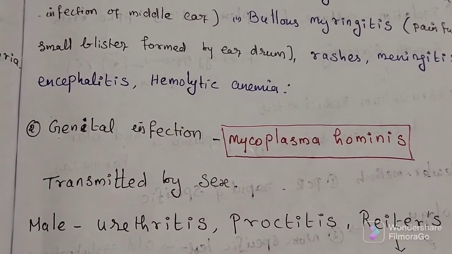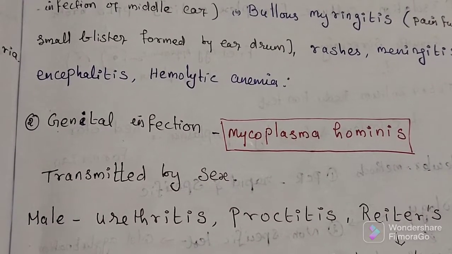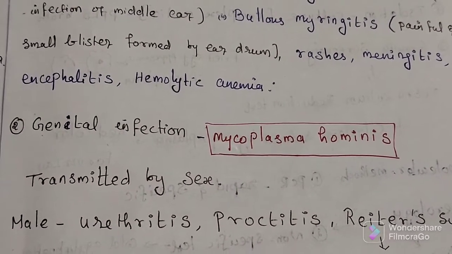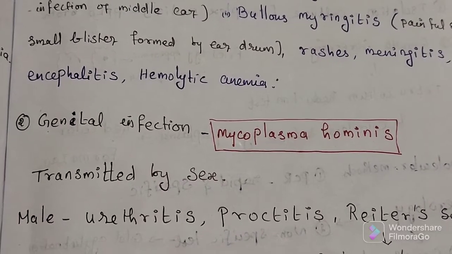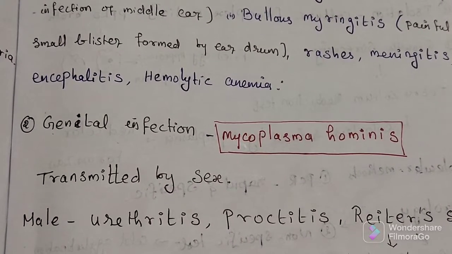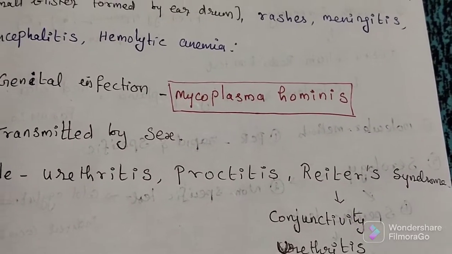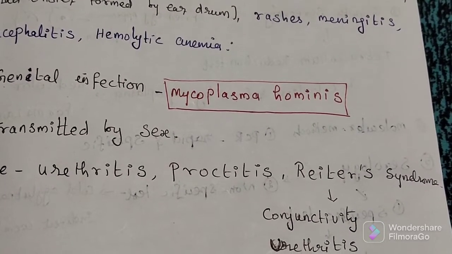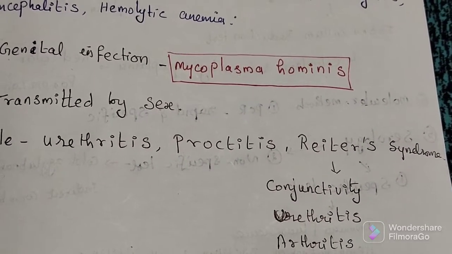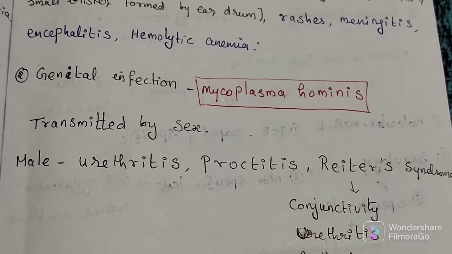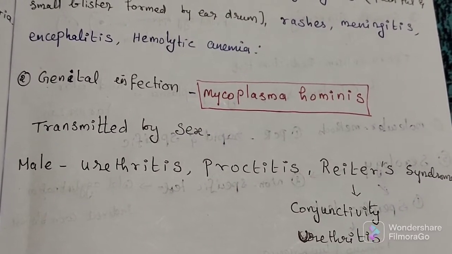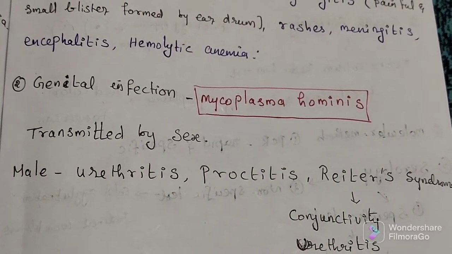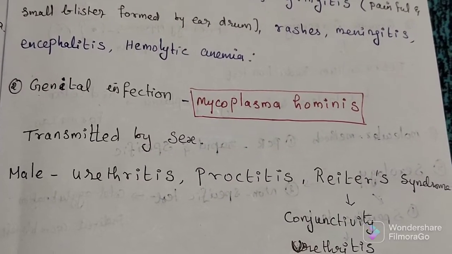In males, it can lead to urethritis, bronchitis, then Reiter syndrome, which is reactive arthritis in males. Reiter syndrome is a triad of conjunctivitis, urethritis, and arthritis.